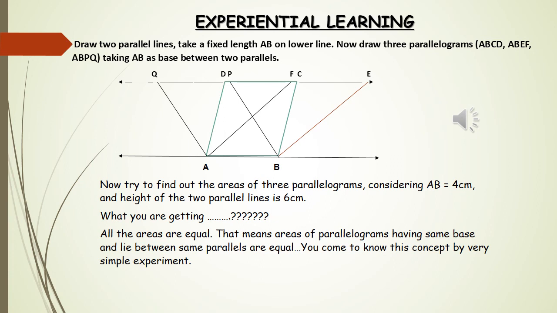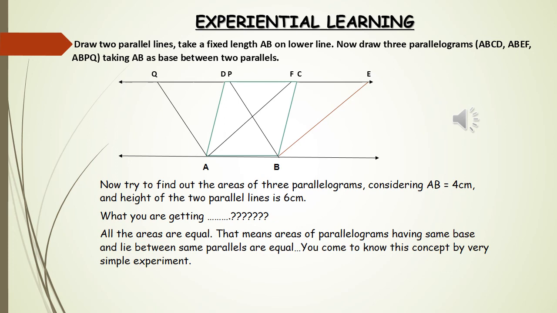What will you observe? Now I am giving you one hint: the area of parallelogram, the formula is given by base into height. Here base remains same for all the three parallelograms. And what about the height? The height is given by the distance between the opposite vertex and the base.